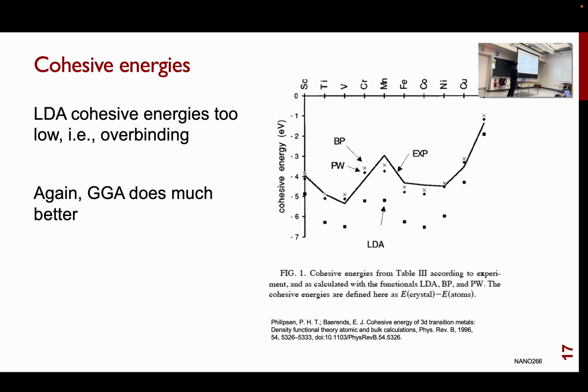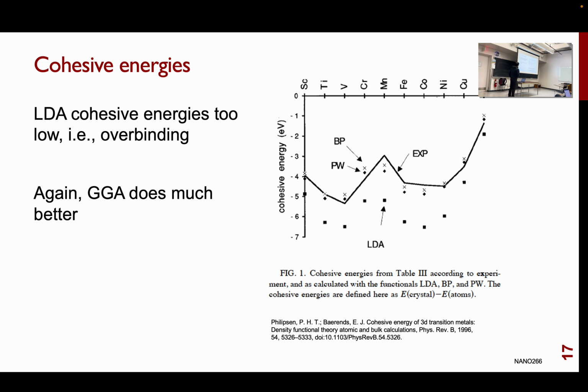Similarly, if you look at the cohesive energies, as I mentioned, because LDA tends to overbind, the cohesive energies are too high. In other words, the energy to separate something out is too low, meaning it's too negative, right? Because LDA tends to overbind, the atoms are actually much more strongly bonded to each other than they should be, so they are more negative, right?